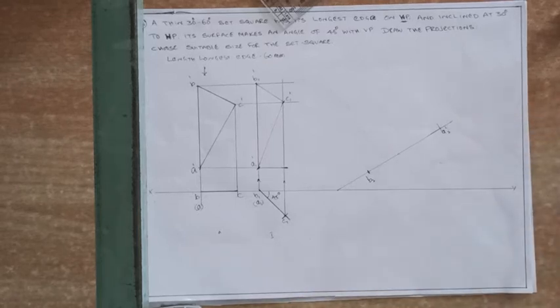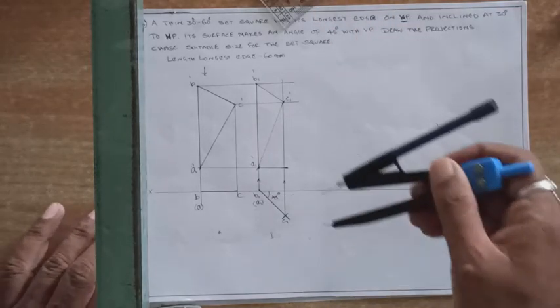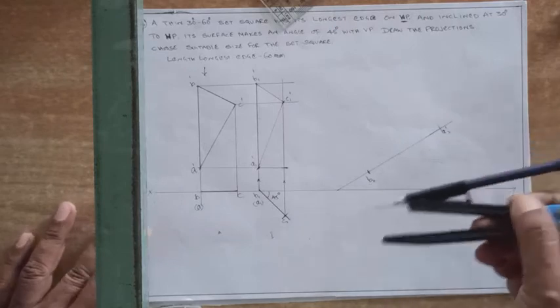Now using the compass, you can project it upward or downwards. So now I have taken B2 here, C2 here.